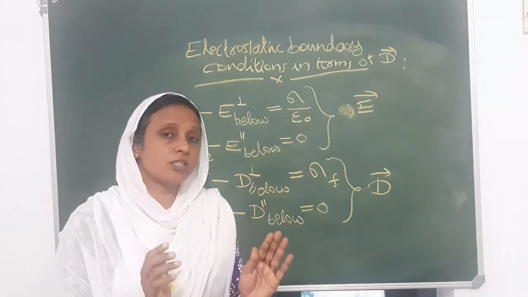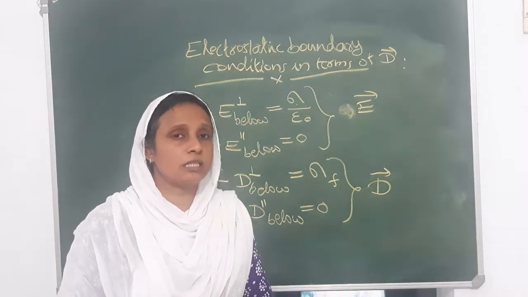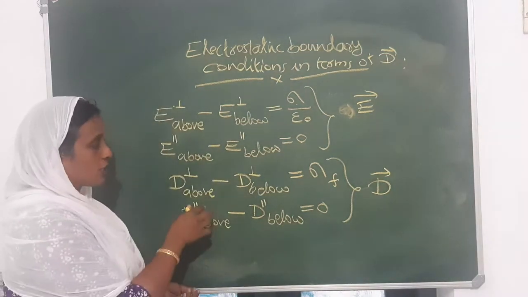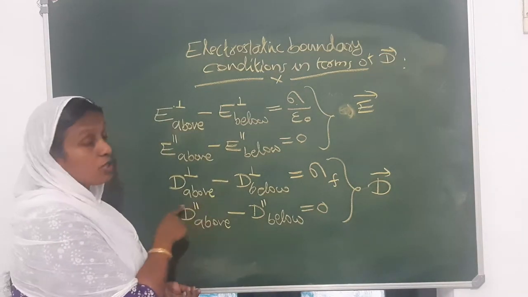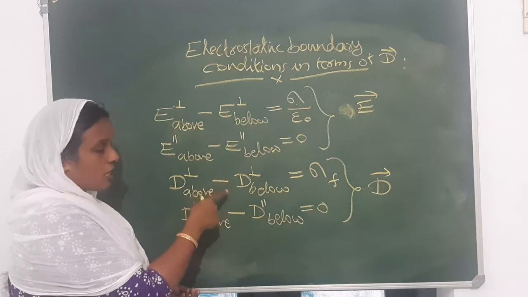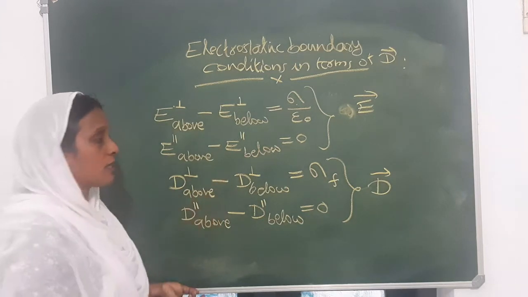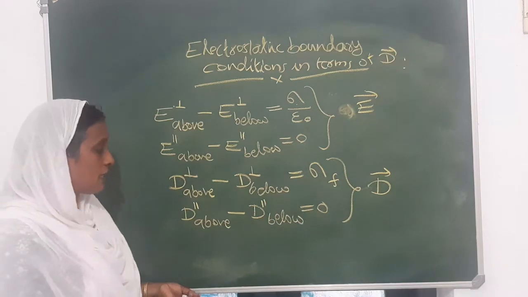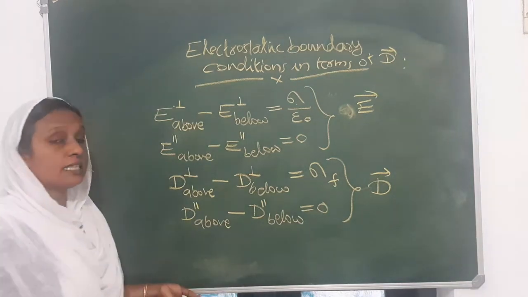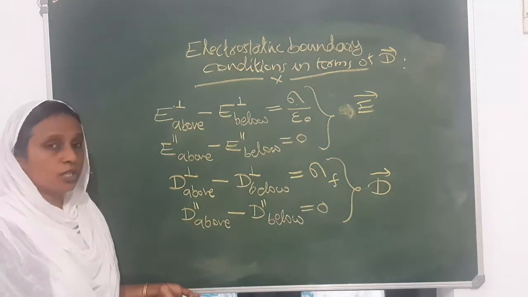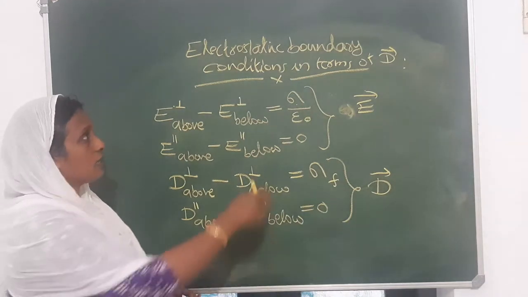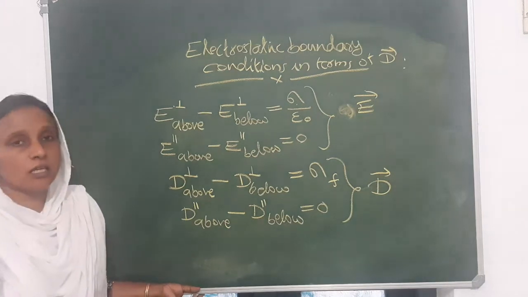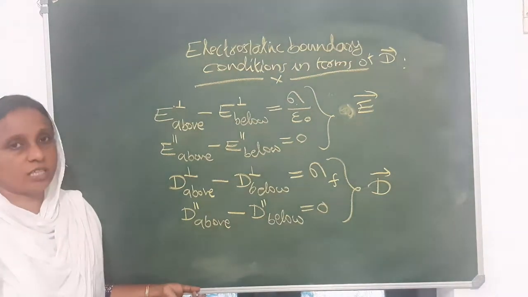We always do the problem using the known quantities, and that is what happens here also. So the discontinuity of the normal component of the electric displacement vector is equal to the free surface charge density, and its parallel tangential components are always continuous. These are the electrostatic boundary conditions for the electric displacement vector.